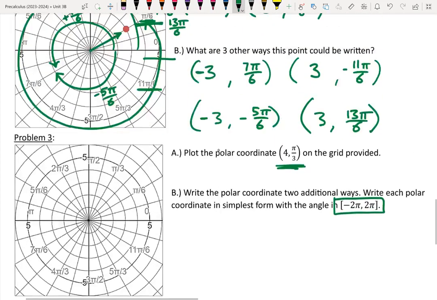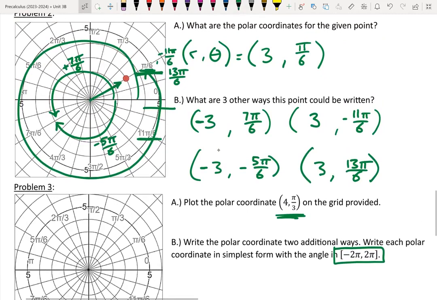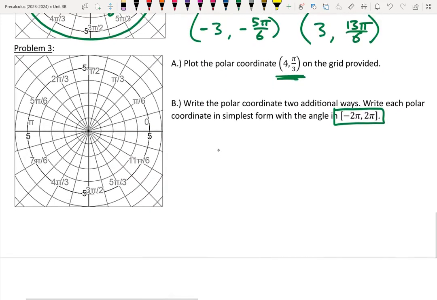If that had been a restriction on this last problem, I could not give that last one I gave. Only these 4 would work. Okay? So I just want us to pay attention that there are infinitely many ways to write our polar coordinate pairs using our coterminal angles. But sometimes, like this one, they give us the restriction.